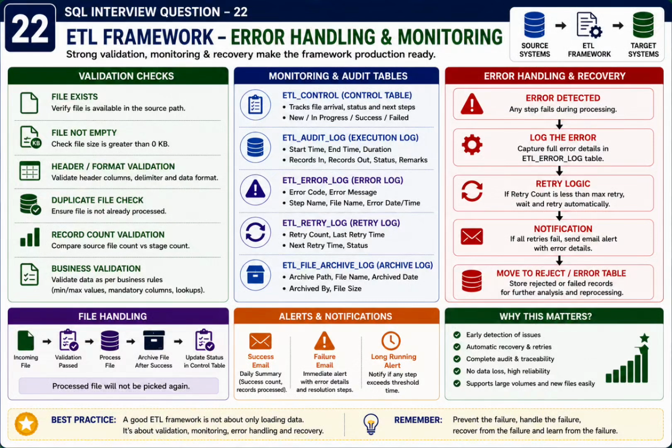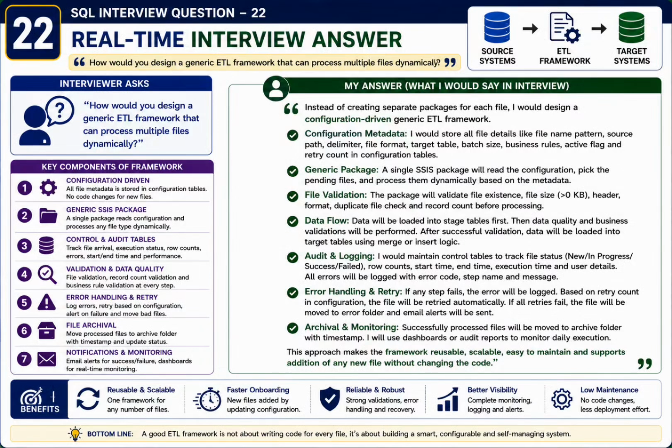If all retries fail, an email notification is sent to the support team with complete error details. The failed file is moved to an error or reject folder for investigation. Because of this approach, the framework becomes reliable, easy to monitor, and capable of recovering from failures with minimum manual effort. Now, let's answer this exactly as we would in an interview.